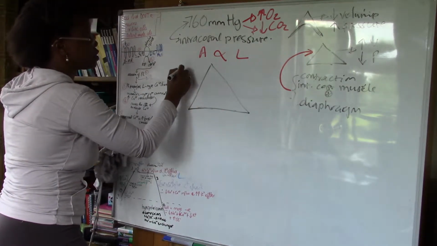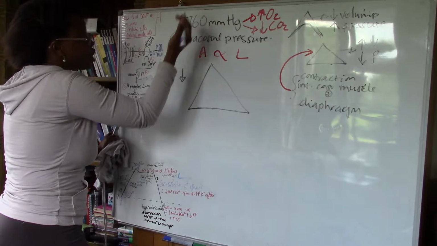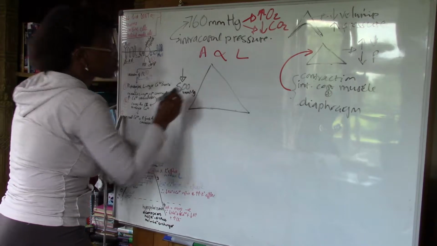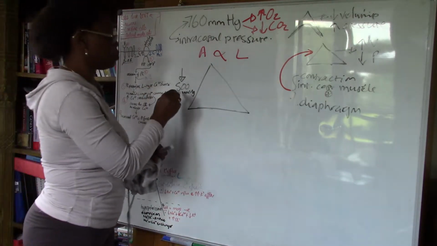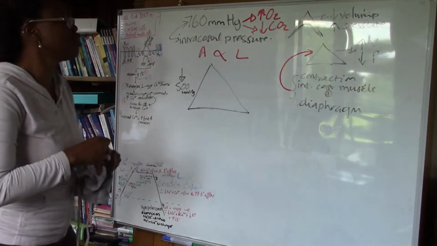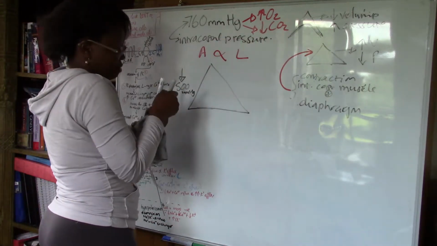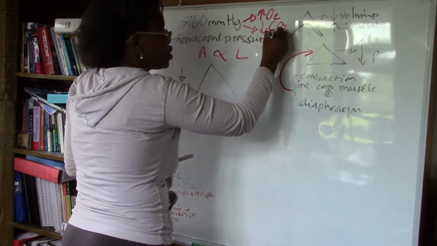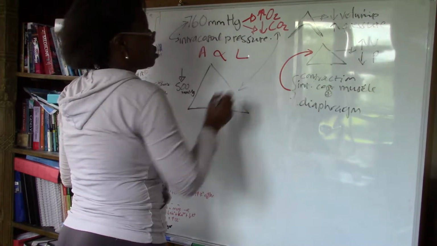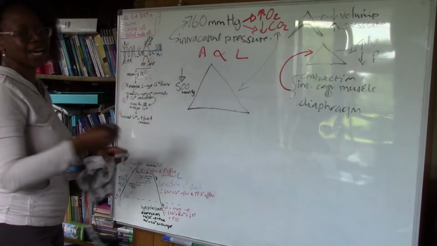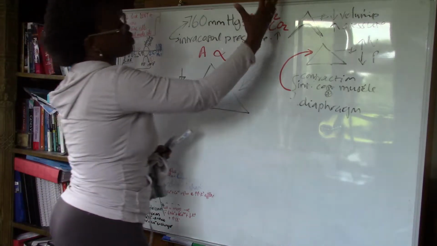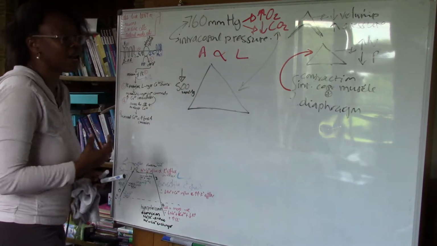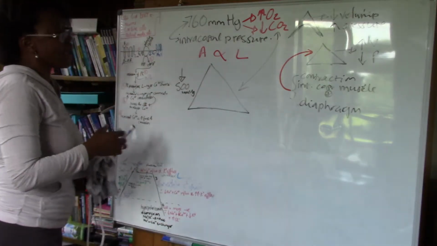So say if this pressure is reduced to, I'm just going to pick, 500 millimetres of mercury. Then by definition, gases naturally move from an area of high pressure to an area of low pressure. So by reducing the pressure and increasing the volume, we naturally cause the gases, the oxygen and the carbon dioxide, to move into our lungs, through the nose.